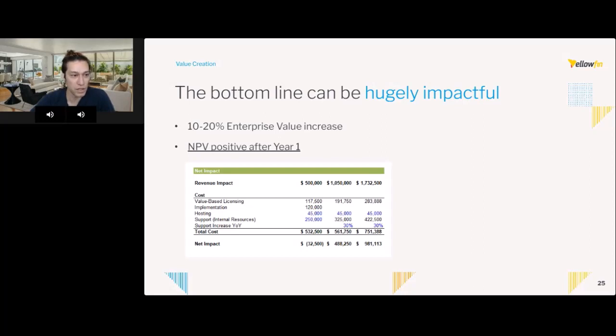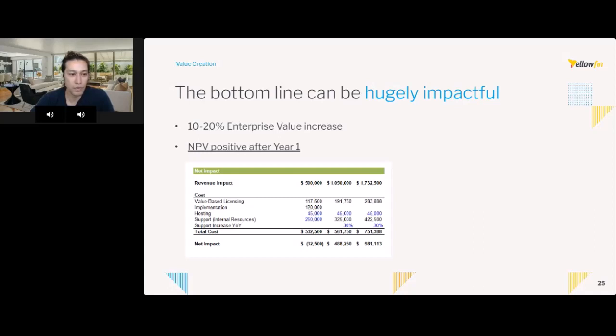But you can see, by the time they started in year two, they were already netting $500,000, and year three almost $1 million. So in this initiative, for a business that was at the time doing $10 million a year, by year three, increasing profitability by $1 million was a huge needle mover for this company.